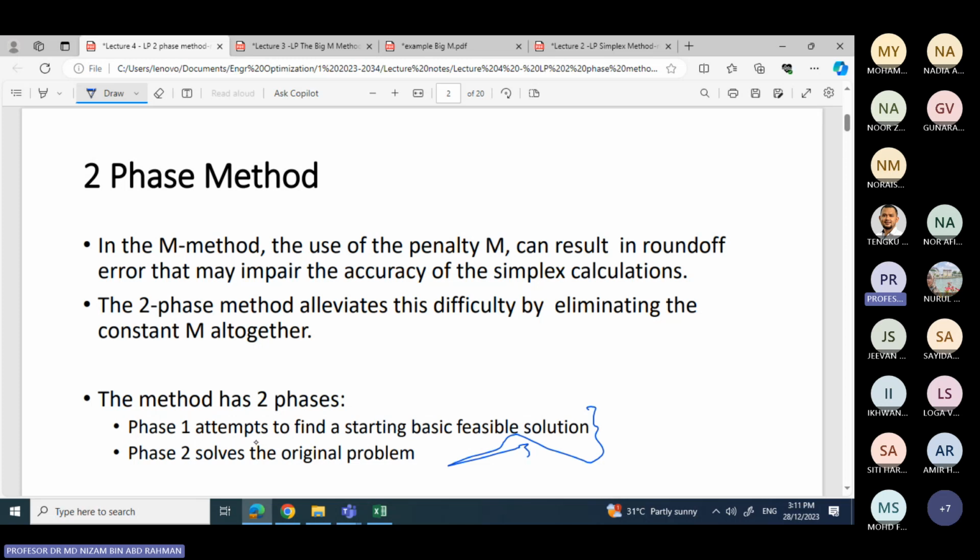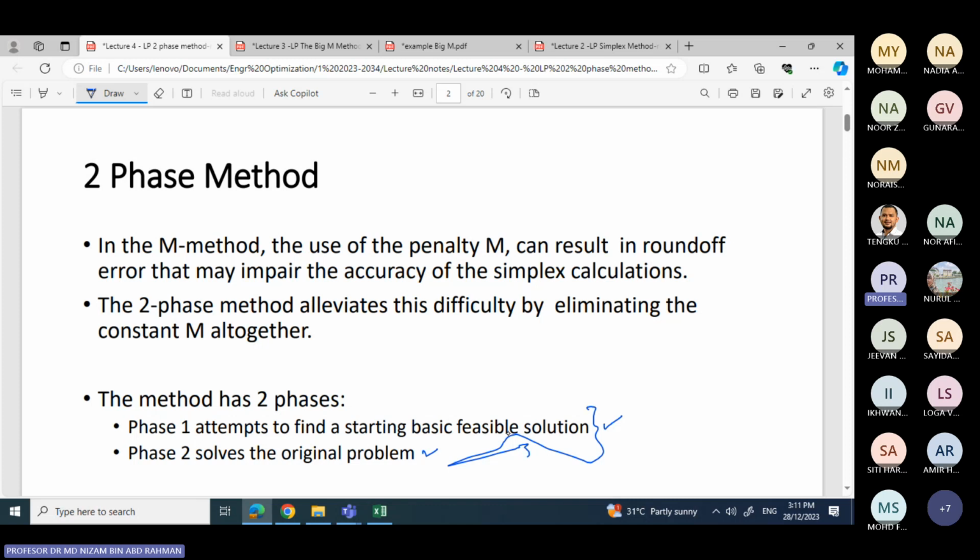The first phase attempts to find a starting basic feasible solution. And phase two solves the original problem.